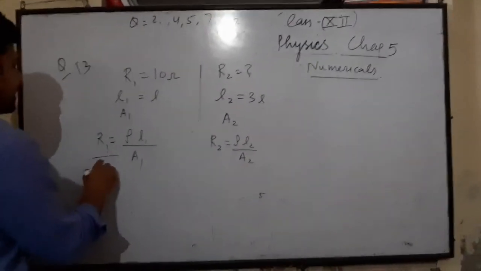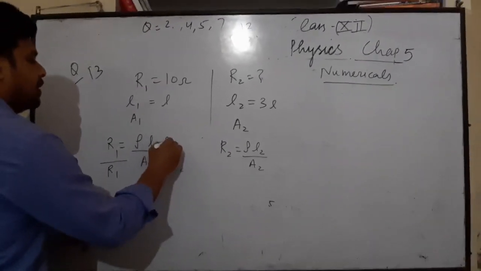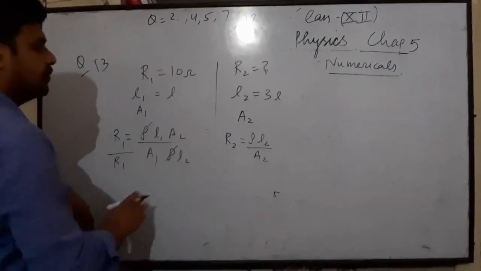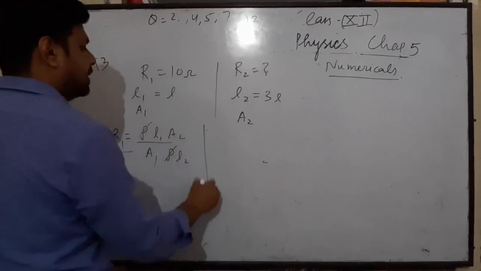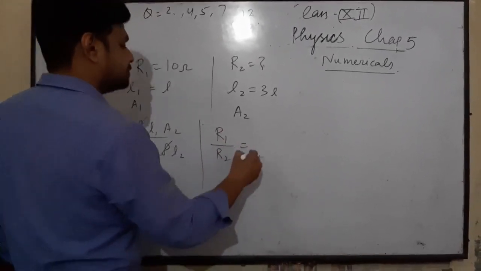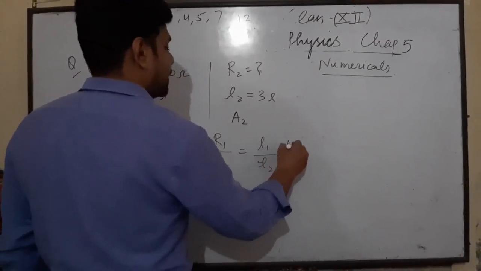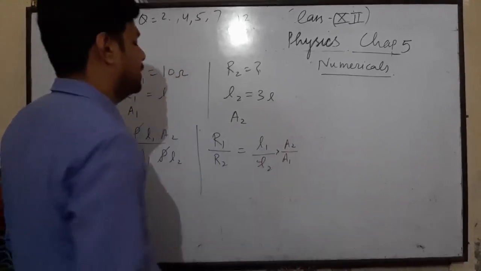Now simply divide these two. So we have R1 over R2, and this is rho L1 upon A1 over rho L2 upon A2. So we have R1 over R2 is equal to L1 over L2 into A2 over A1.